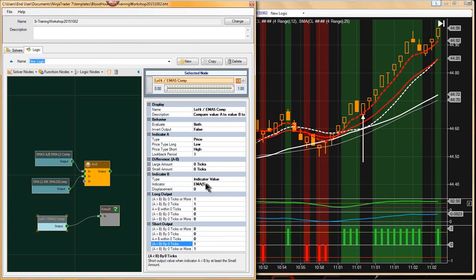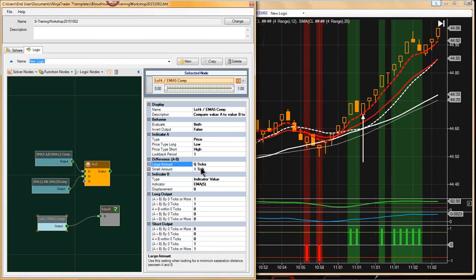So I'm going to set our large amount and small amount by 1 tick. So let's see. And let me clear out all these outputs here.